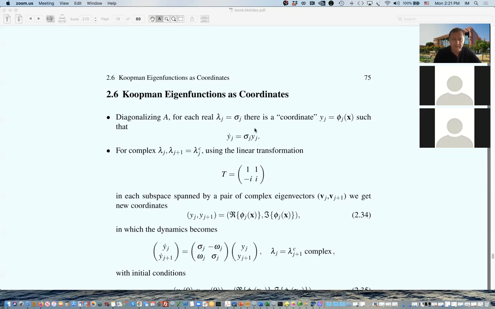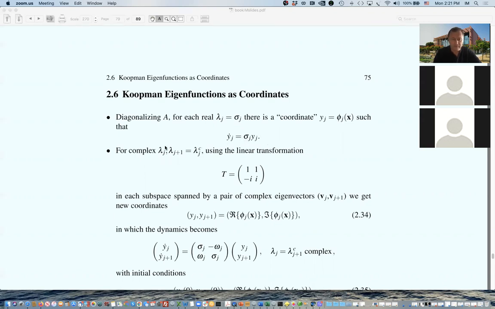In other words, this coordinate yj, which is a linear function of the original variables x, satisfies the equation yj dot is sigma j yj. So it's a simple equation. If sigma j is less than 0, then when time goes to infinity, yj itself goes to 0 in an exponential fashion, with sigma j being the exponent.